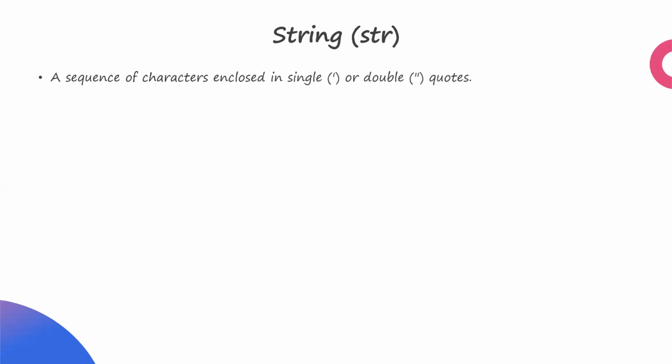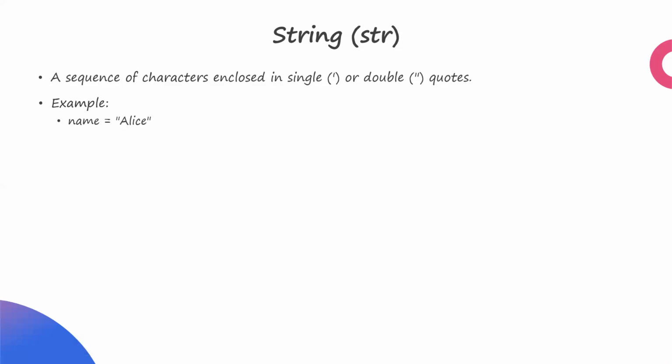Then we also have string. A string is a sequence of characters that is enclosed in either single quote or double quote or triple single quote or triple double quote. I mentioned it in a previous section, but don't worry, we are still going to study string as a chapter and we are going to dissect this string. So name is equal to Alice, and you see it is in double quote.